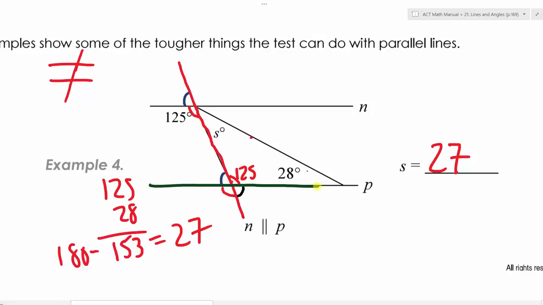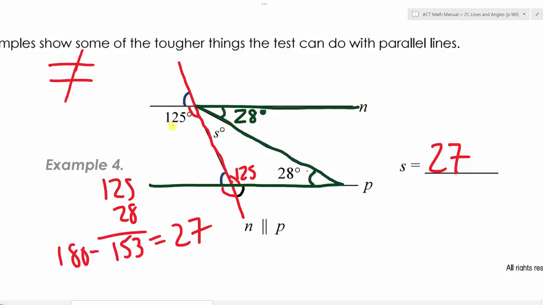So I'm going over, and then I'm zigzagging up, and then I'm going over again here. Whenever you have parallel lines and you see a Z being formed with the two parallel lines and one of the transversals, you know that the angles in the nooks, in the little bends in the Z, have to be equal to each other. So this angle up here would be 28. How would you use that?